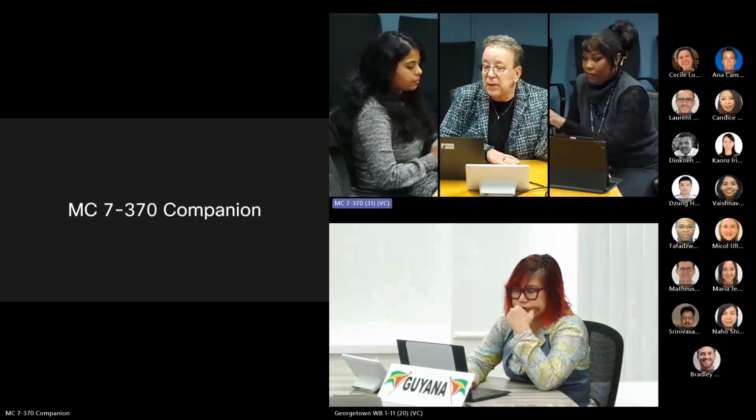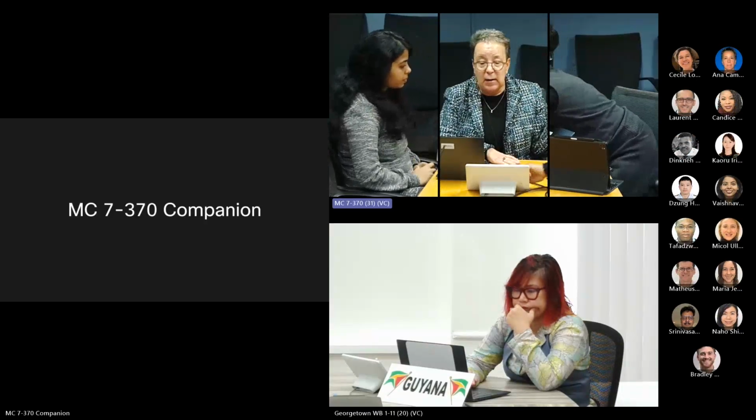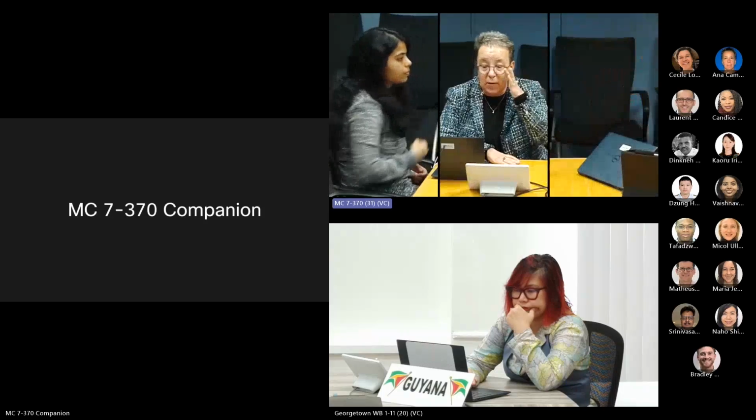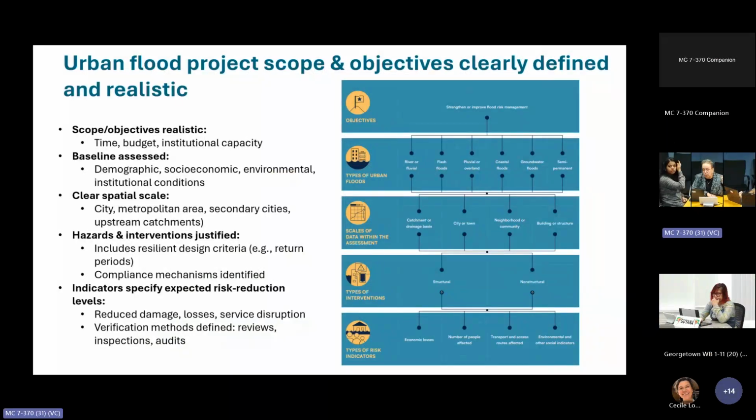One important aspect is how we define the scope and objectives and clearly establish a baseline. We establish the type of urban floods we are trying to address: riverine, flash floods, fluvial, pluvial, coastal. What are the spaces we're trying to cover?